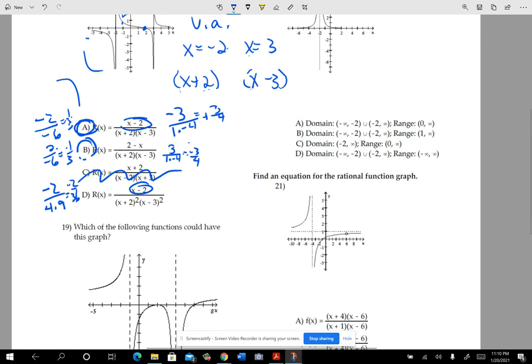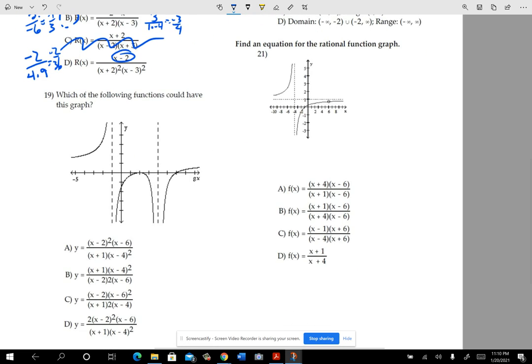All right, so let's look at 19. What made me think about that is this appears to cross at 2. Also appears to cross at 6. Those are the zeros of the function, and that comes from the numerator.